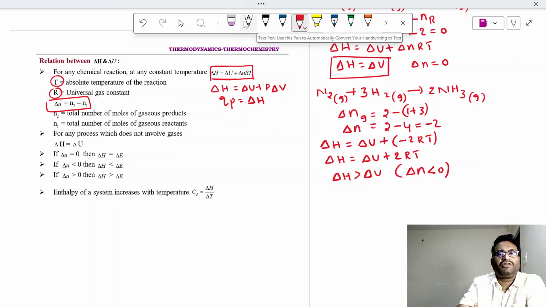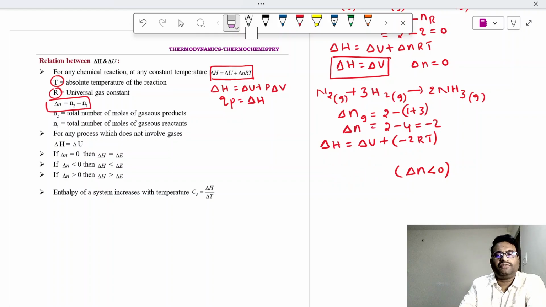So let us see, when delta n is less than 0, then what did we get? Delta U is equal to delta H plus 2RT, this 2RT comes this side. Then delta U is equal to delta H plus something. Then what you write?